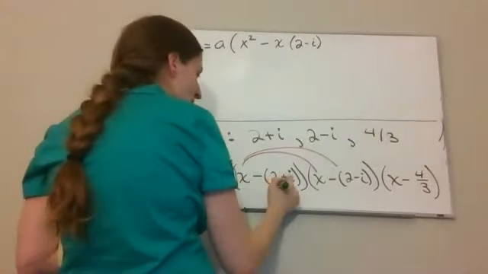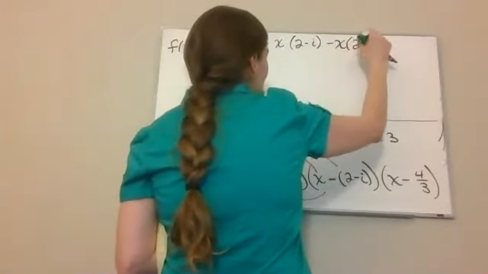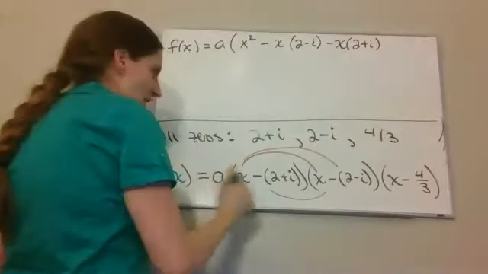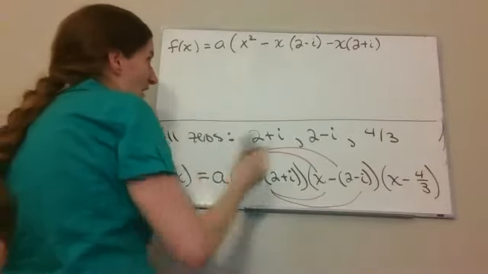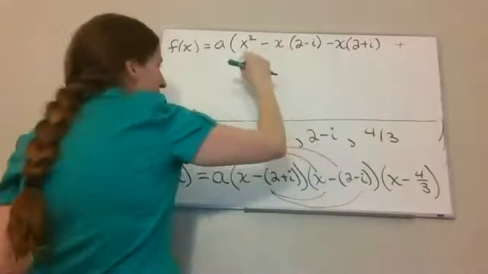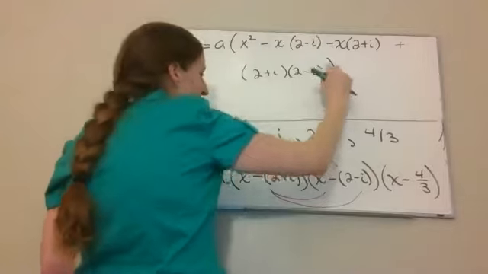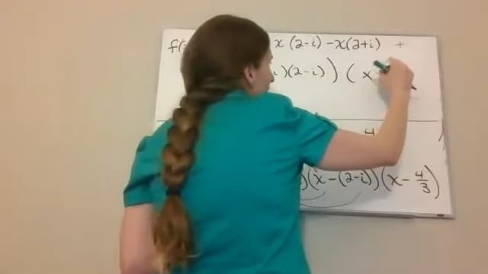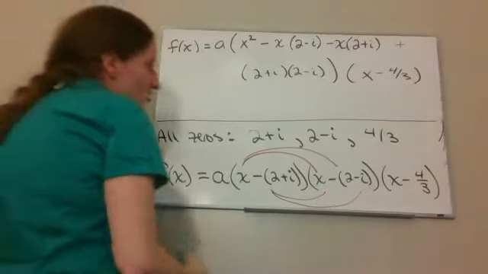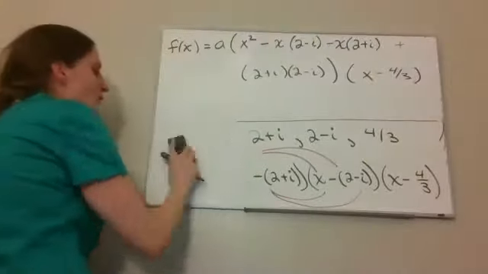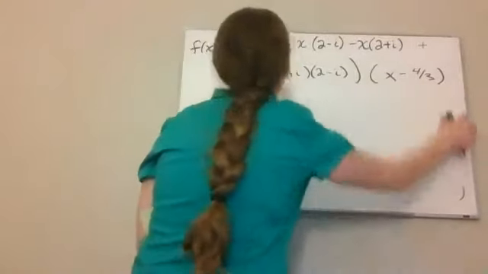Now I'm going to do this minus 2 plus i times x, so that's a minus x with a 2 plus i. And then I have those 2 guys multiplied together. Negative times negative makes it positive, and I have a 2 plus i and a 2 minus i, which we'll figure out in a second. And then I still have x minus 4/3 that I'm going to deal with later. So inside that giant set of parentheses, let's do some more distribution and try to simplify this.